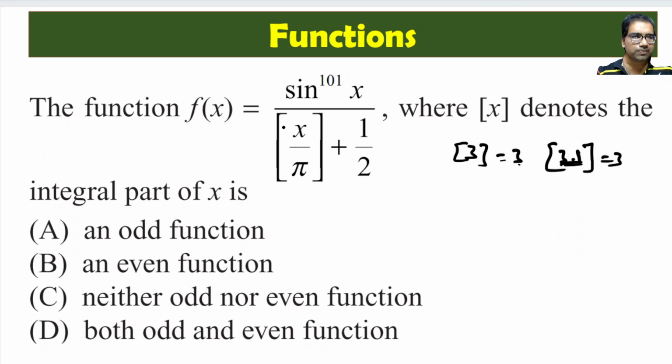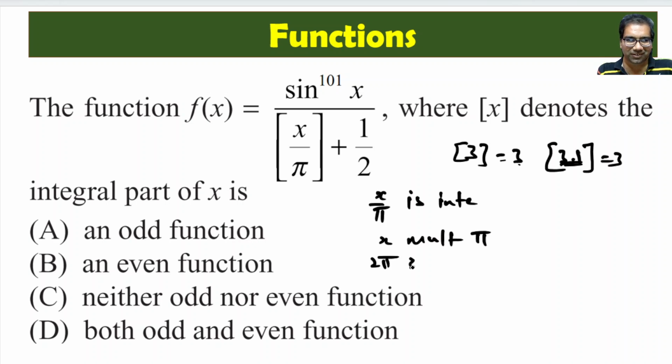Right. Now, if this x by pi is an integer, whatever is the case, that means x is a multiple of pi. x can be 2 pi, 3 pi, whatever. If this is an integer, right?